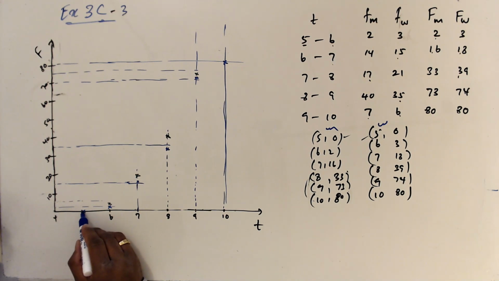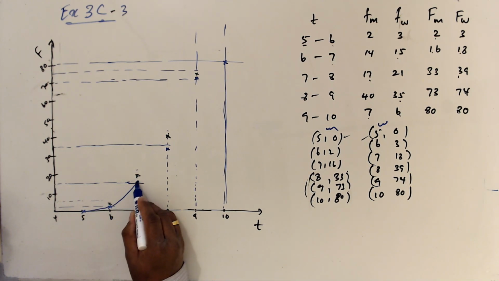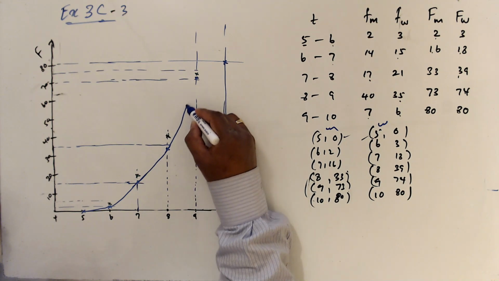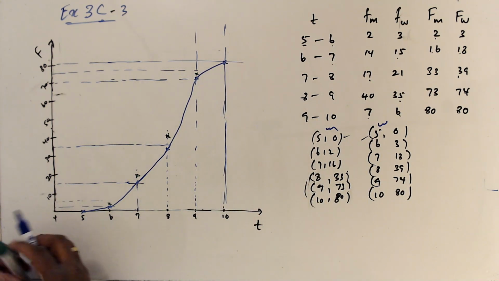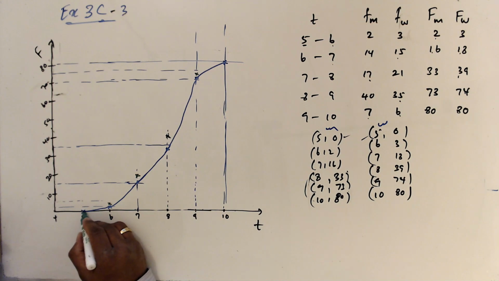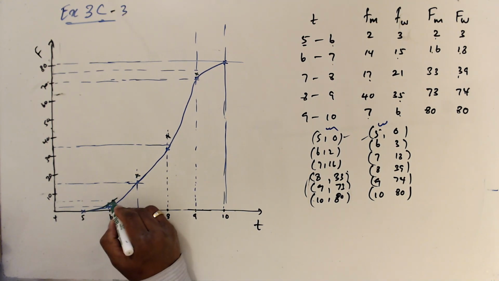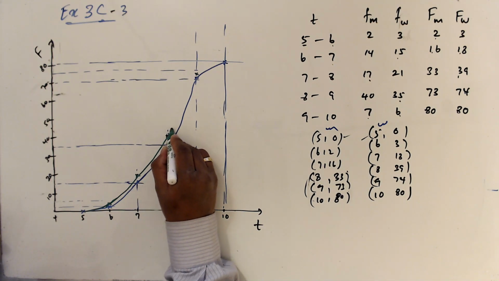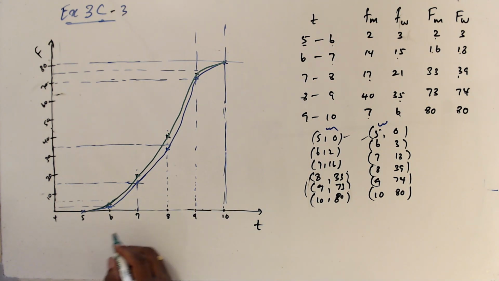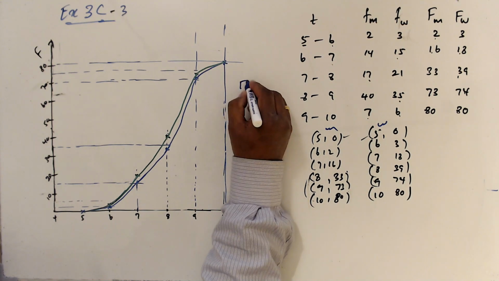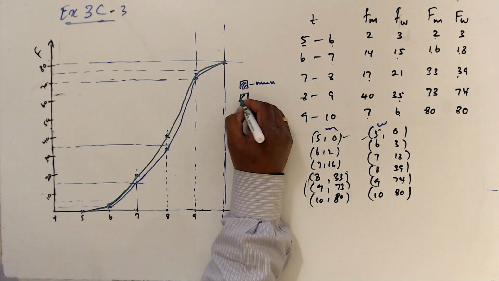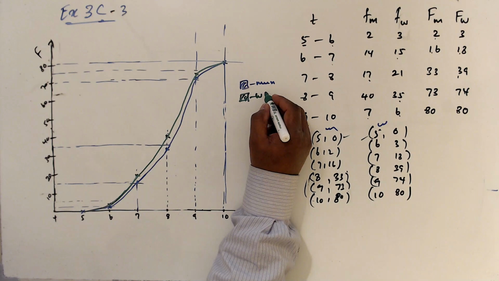So the blue curve and the green curve. So blue one is for men and green one for women.